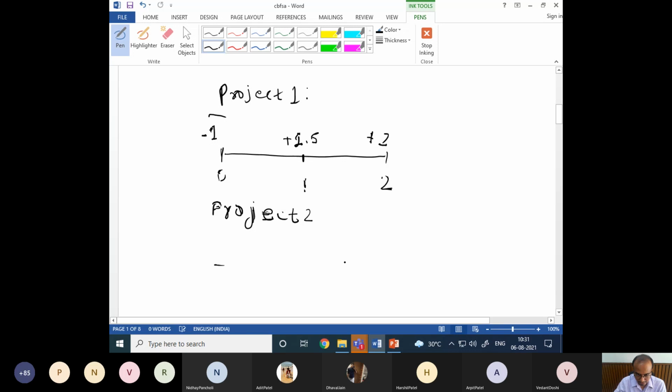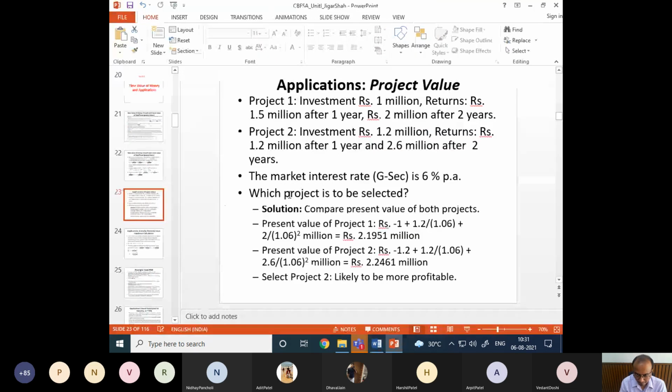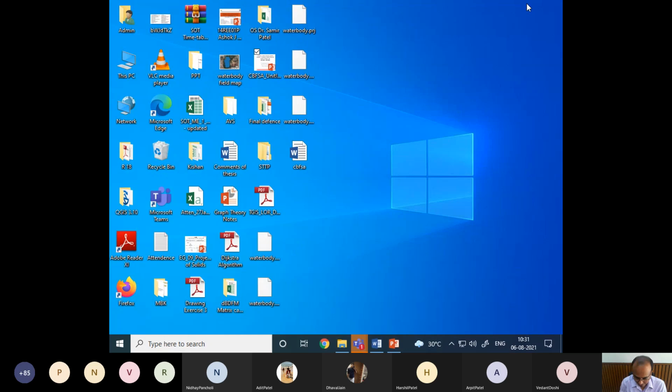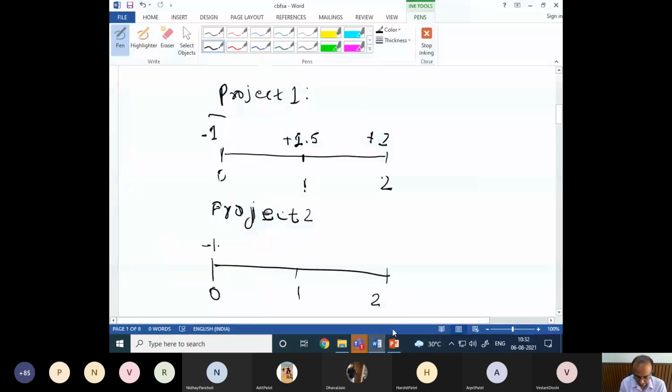So I have project 2, which gives me, in the same time frame, I need to invest say 1.2. So 1.2 is my investment.